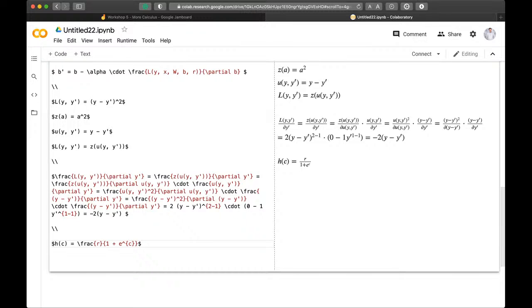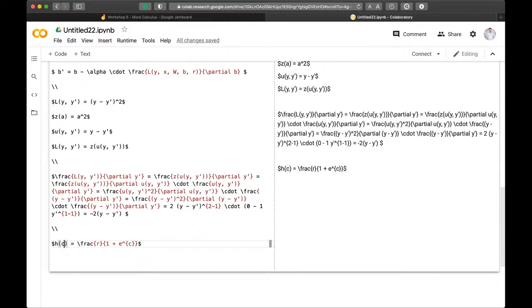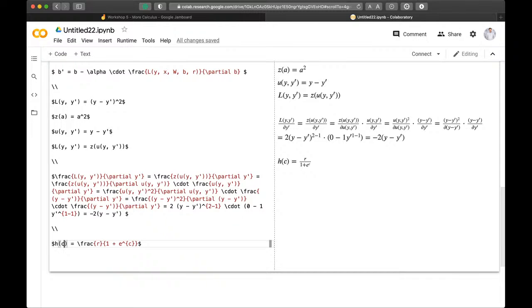So this is just a c. Okay. So R, we should write it here, but basically R is constant, so I will not write it there because this will not change.